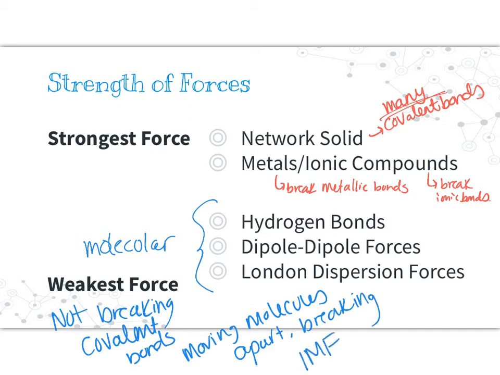Now, the strongest intermolecular force and the hardest one to move apart would be something with hydrogen bonds. Next up would be dipole-dipole, and the weakest is London dispersion forces. So something with London dispersion forces takes the least amount of energy in the whole group to move apart, or to boil, or to melt, all of those.